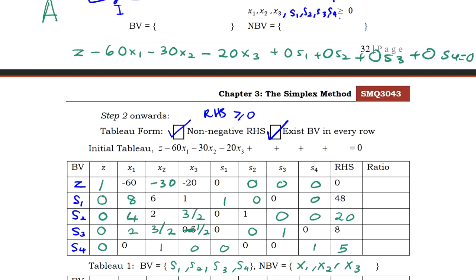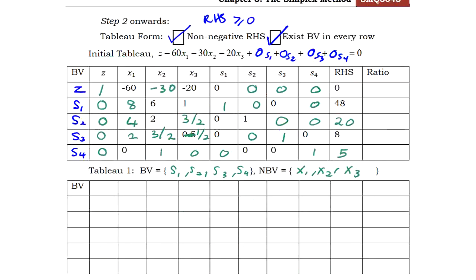We have 7 variables here, 4 BV and 3 NBV. In step 3 of the simplex algorithm, we need to check the optimality condition. Here, we need to find an entering variable to be a BV for the next tableau, which is tableau 1.